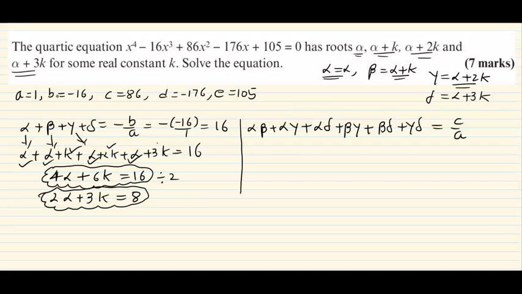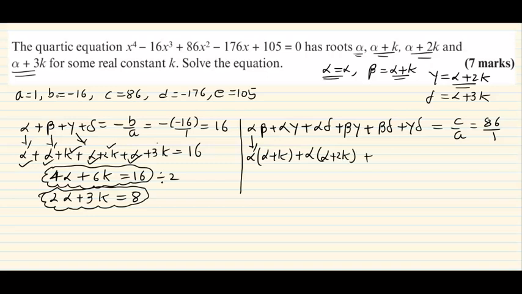And what is the value of c? 86, and value of a is 1, so it should be 86 over 1, 86. Now if we simplify, alpha is alpha and beta is alpha plus k, then again alpha is alpha and gamma is alpha plus 2k, right?